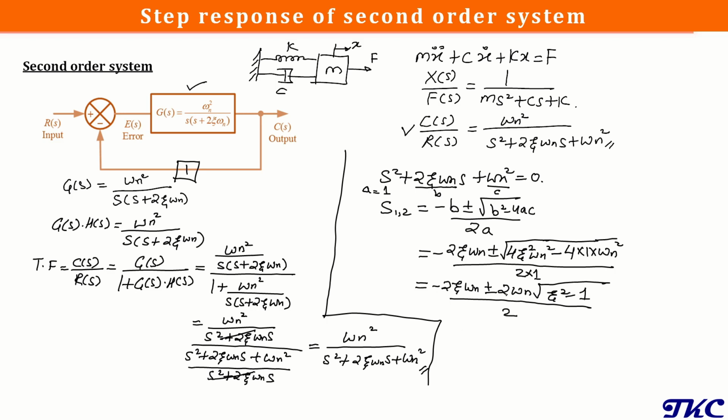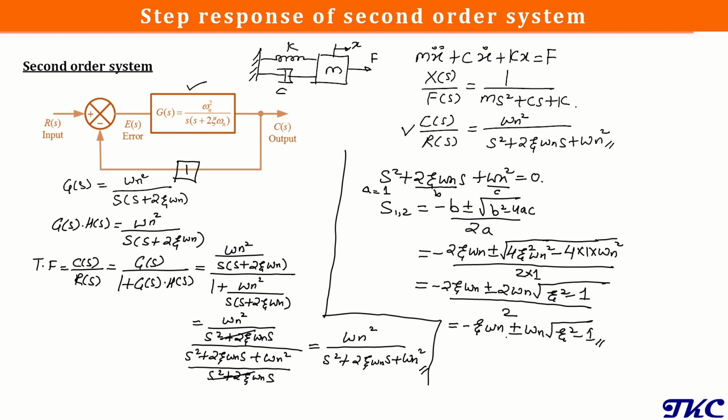So now further we can simplify this expression by taking 2 common from the numerator and 2 we are having in the denominator, and we can cancel both of them. So it will be minus zeta omega n plus minus omega n under root of zeta square minus 1.